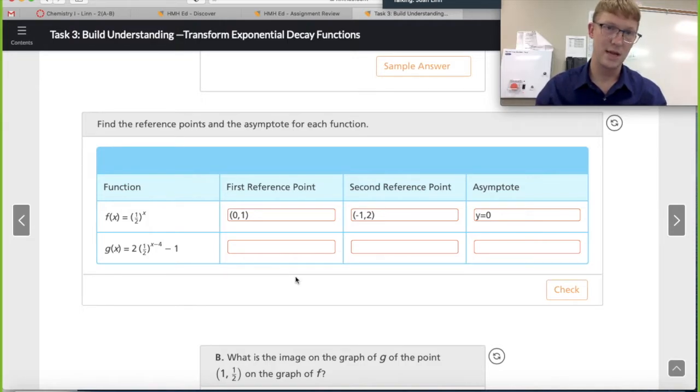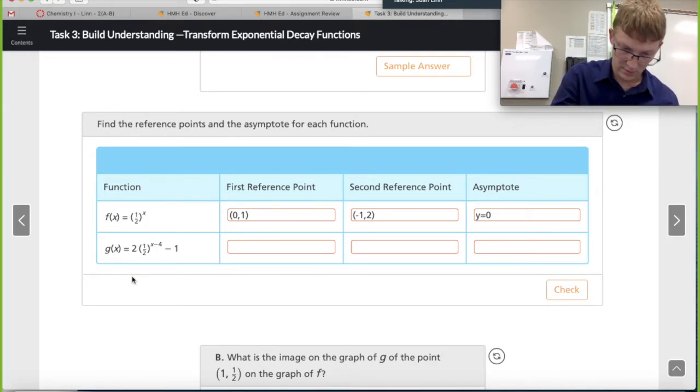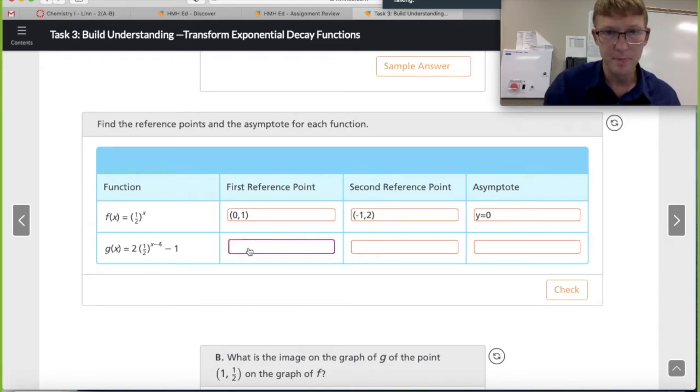I would say if we pick x equals 4, so x equals 4 makes this go to 0. So then we're just going to have 2 minus 1 is 1.